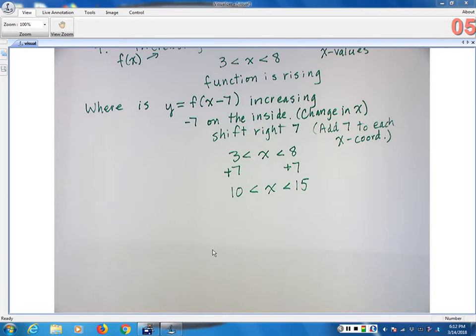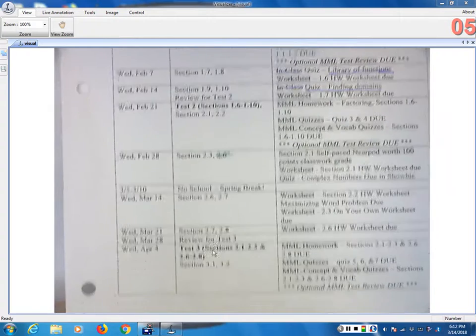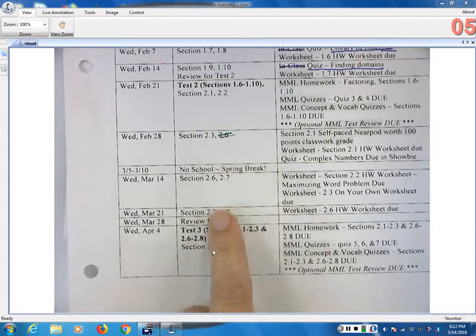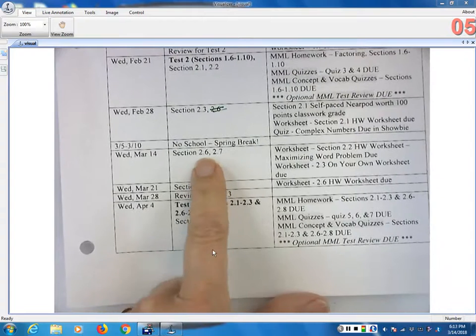All right. We're going to cover 2.6. And we're doing great in terms of the calendar. Here's our calendar. It doesn't matter that we didn't cover 2.6 here, because we'll cover 2.6 here.